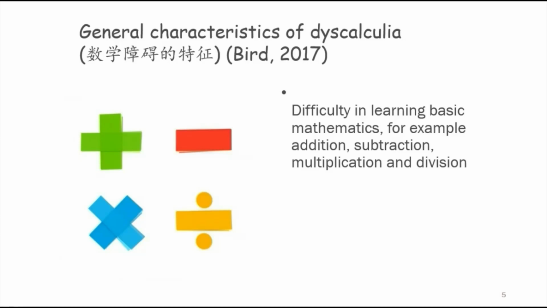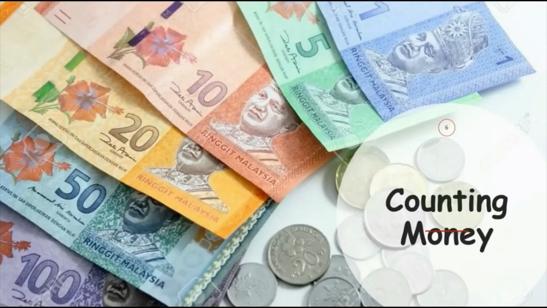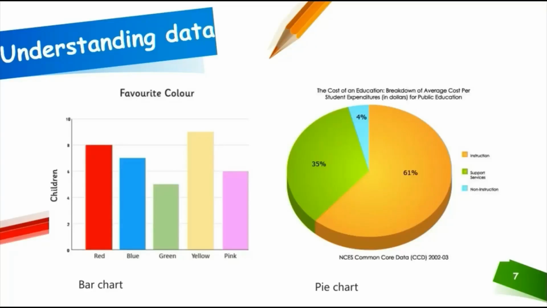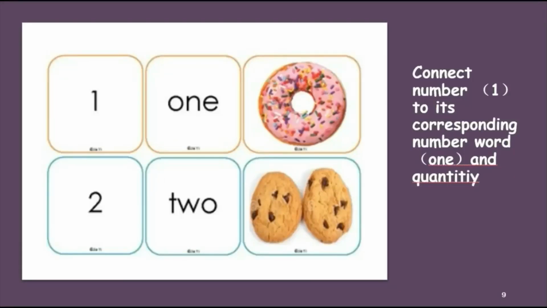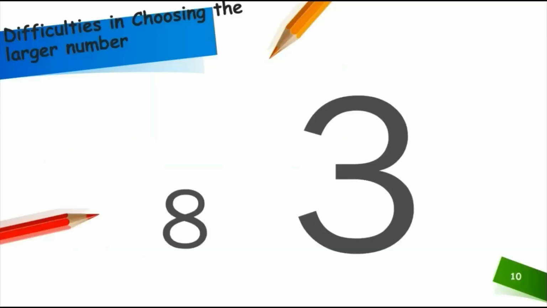And the general characteristics of dyscalculia, they will face difficulties in learning basic mathematics, for example, addition, subtractions, multiplications, and divisions. And they will find it very difficult in counting money, understanding the data like the bar chart and the pie chart, and reading time is a very difficult task for them, and they cannot connect the number to its corresponding number words and quantity.